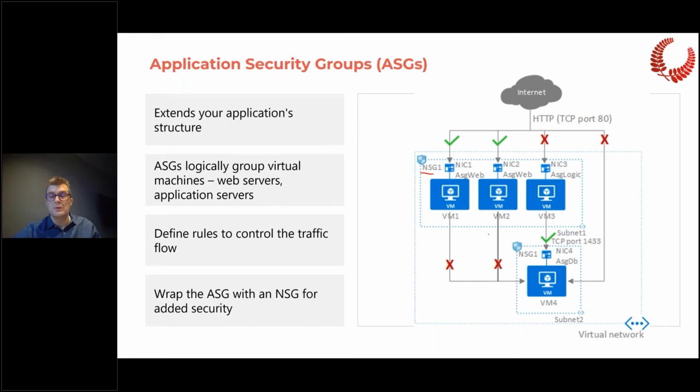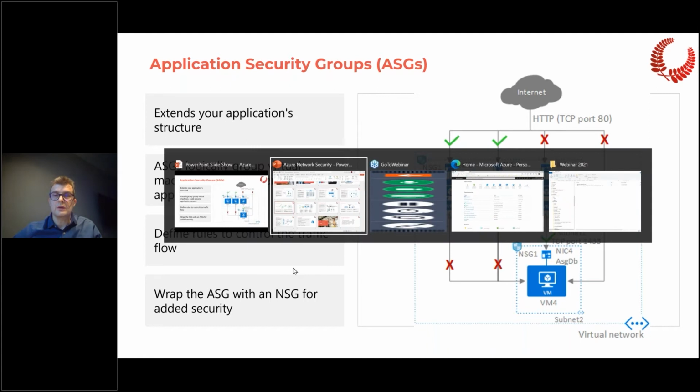When we disassociate a particular server or computer from the application security group, it automatically loses the benefits of receiving or sending the traffic that has been defined. So in fact, let's take a look.